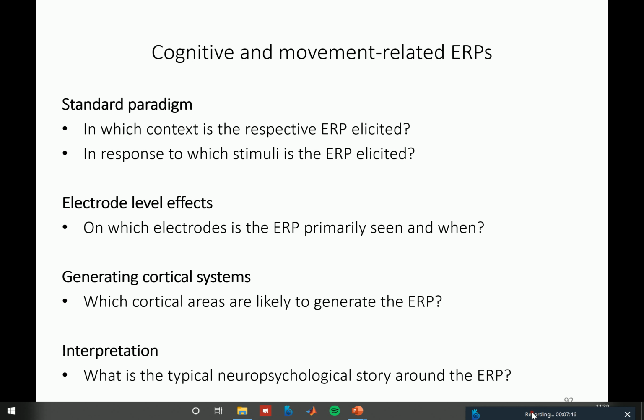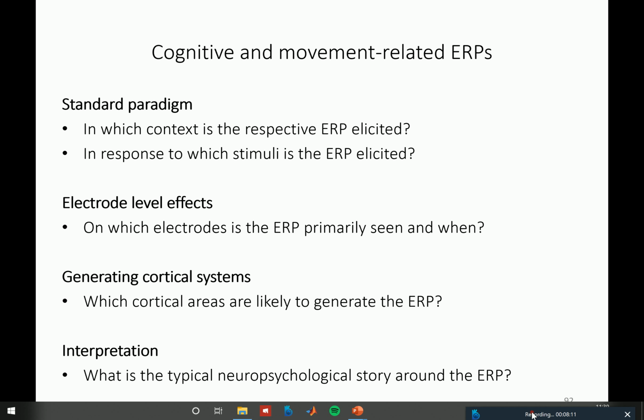And then these cognitive ERPs, of course, also have some kind of neurocognitive story associated with them, which goes a little bit beyond what we had for the sensory evoked potentials, because there the story is mainly that a stimulus elicits some peripheral activation, which then is relayed to the cortex, and there some activation is elicited. Here we have a little bit more of a neurocognitive story.